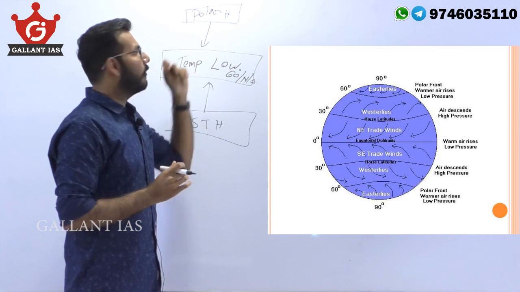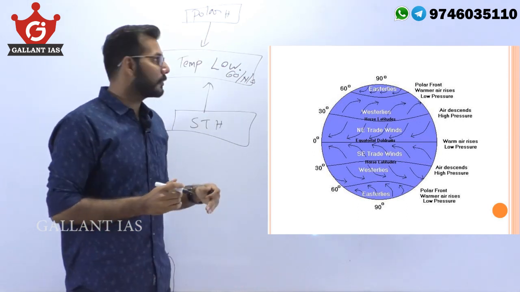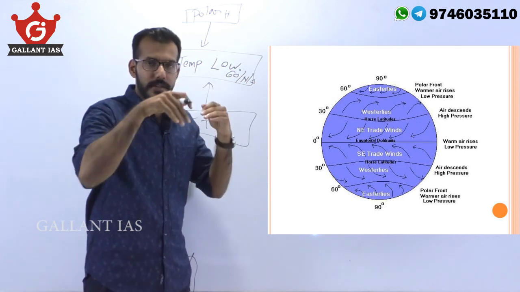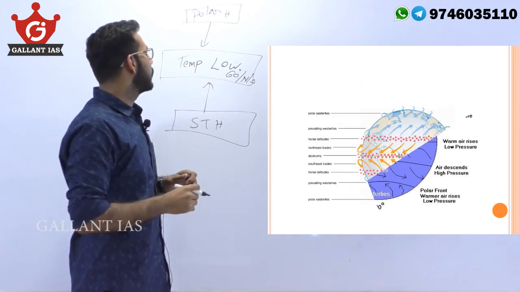And lastly, we have the polar high on the polar extremes, on the north and on the south. Here, because of the high pressure, wind is flowing down towards the temperate low in both hemispheres.